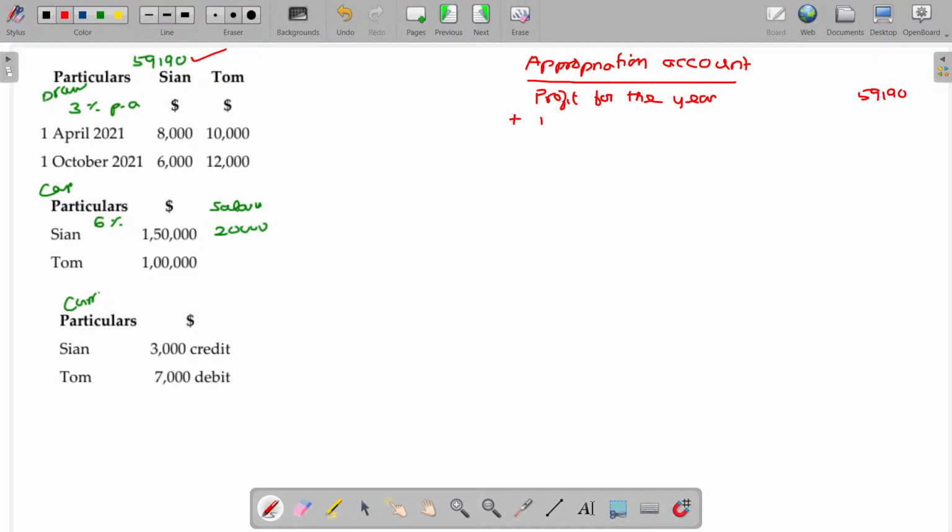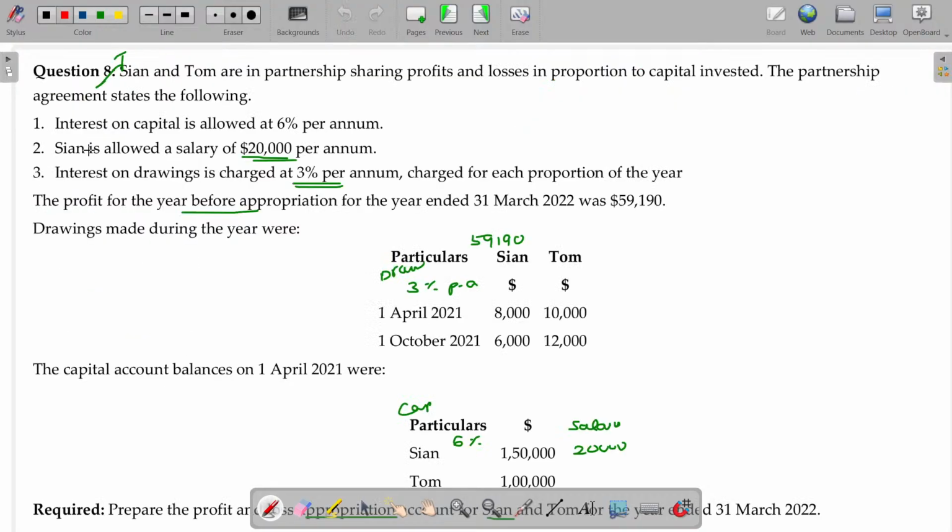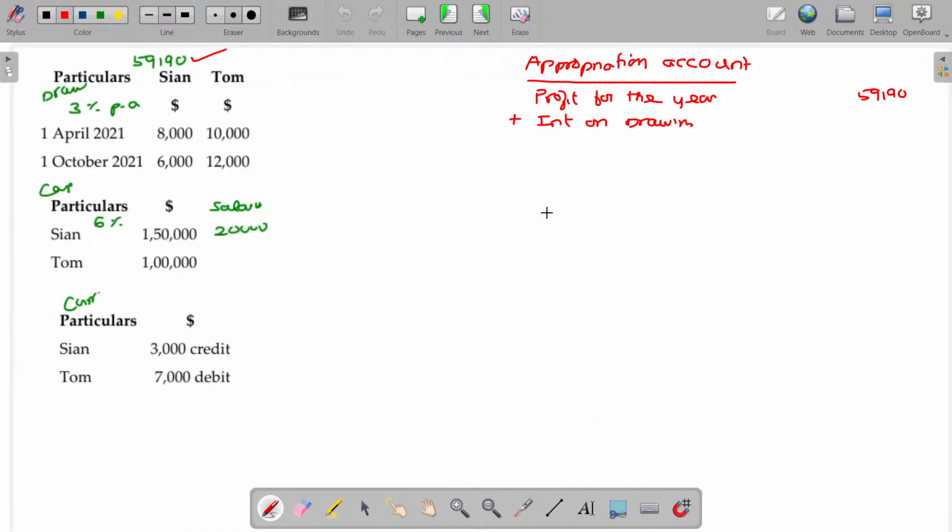And you have to add interest on drawings. Here drawings are given, and the year end being 31st March 22. For this one it carries a full year's interest, but for this 3% only from October onwards, so you have to calculate only for 6 months.